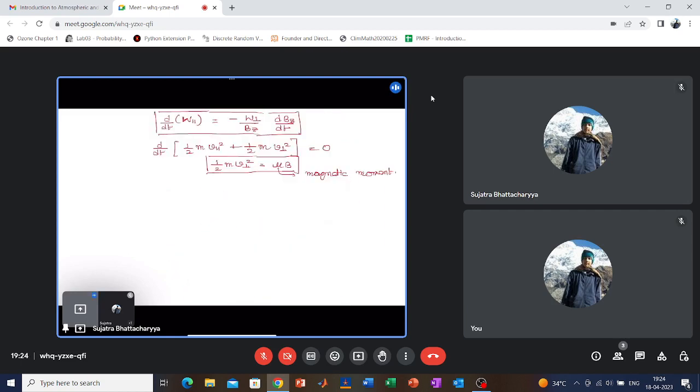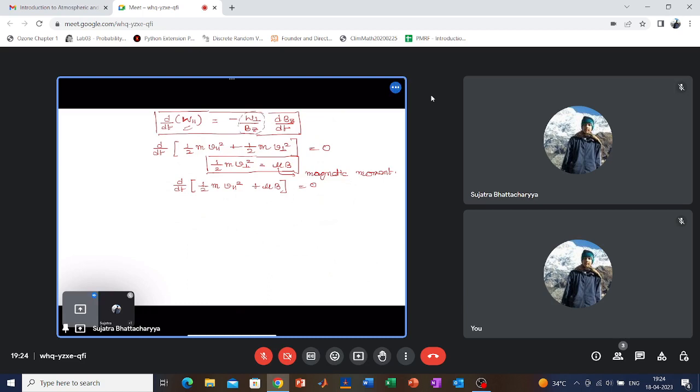Now just put it in the expression. So d dt of half m V parallel square plus mu B should be equal to 0. Now this half m V parallel square is nothing but W parallel. Just write this expression and try to find out. So see, this is also depending on this mu thing. See, this is also mu, right?